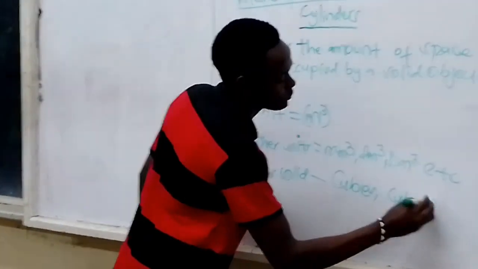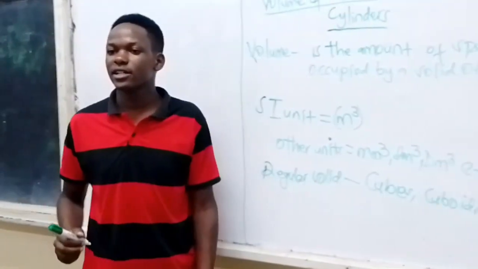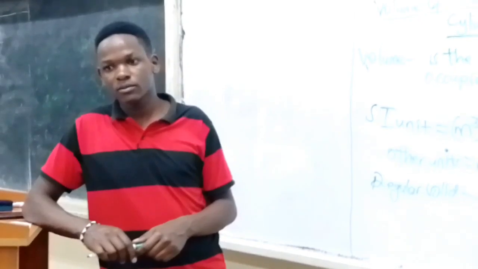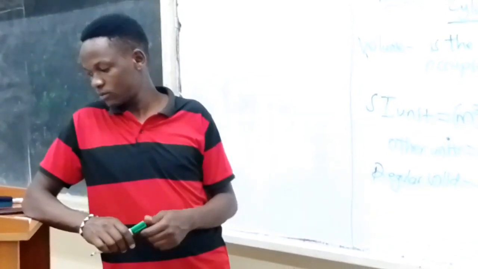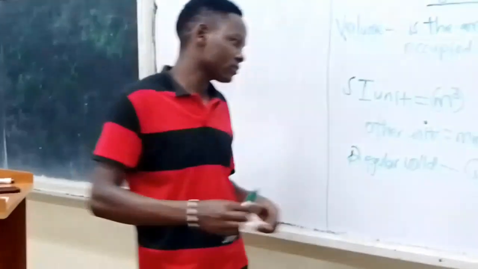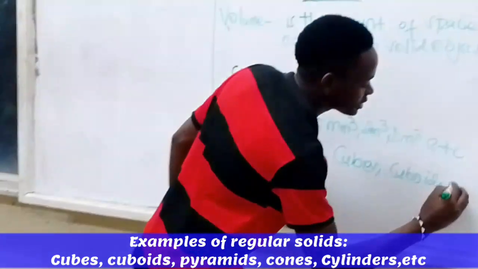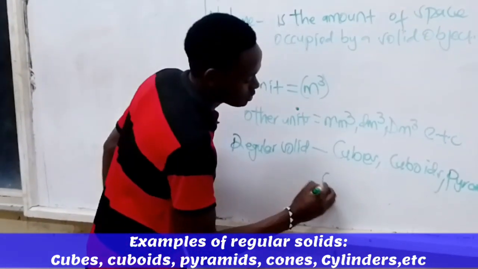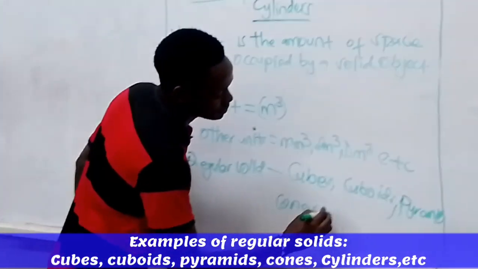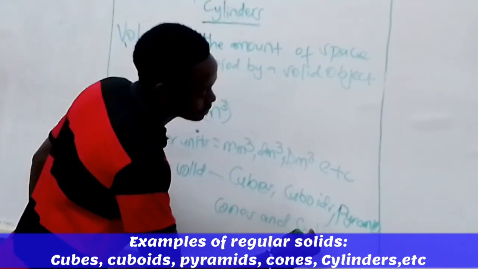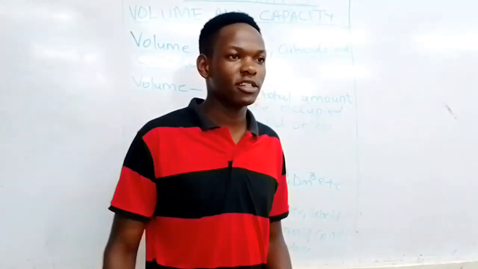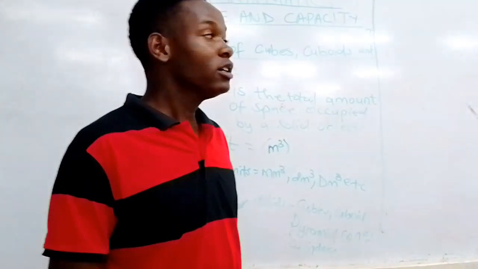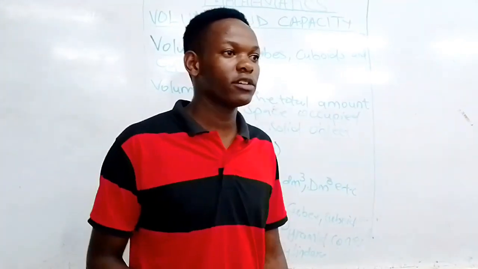Yes, one. We also have pyramids, cones, and cylinders. Excellent. All those mentioned are examples of regular shapes.